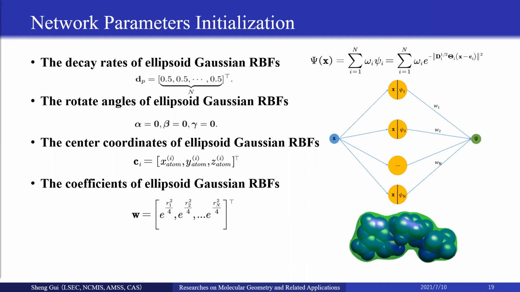Can I ask you a question? What is the value of n? How many ellipsoids do you use typically? It includes all the number of the atoms. If the molecule has 100 atoms, the number of ellipsoid Gaussian RBFs is equal to the number of the atoms.